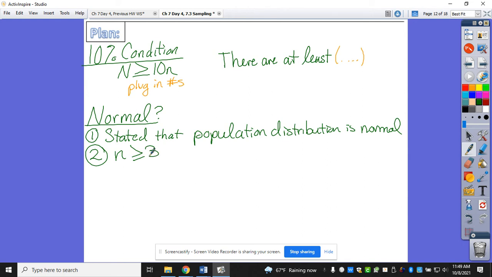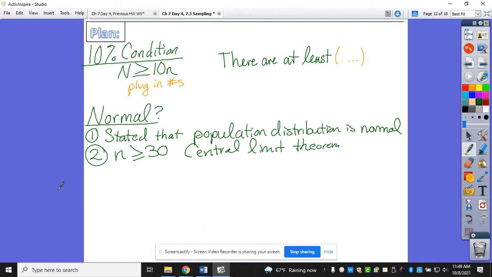There is really no magic reason for why people choose 30, but it is used throughout statistics that people commonly choose the number 30. Mathematically, there's no difference between 29 and 30, which one is the right reason. So this is called central limit theorem, which basically means my sample size is big enough now that I can use normal approximation. 30 is the number that we use as that is enough.